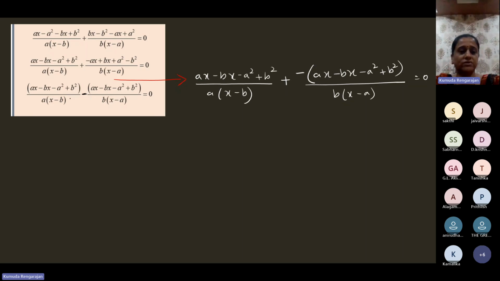Plus into minus, minus. And you can see these terms, ax minus bx, this one. Minus a square plus b square, minus a square plus b square. So it's simple. Take out a minus common here. When you take out minus common, it looks like this. Now this minus into plus is minus. And all these terms.